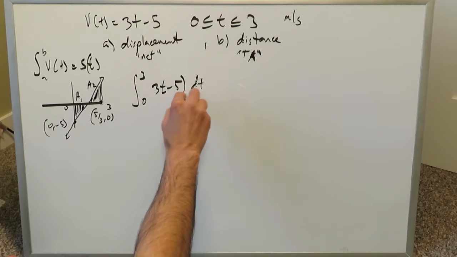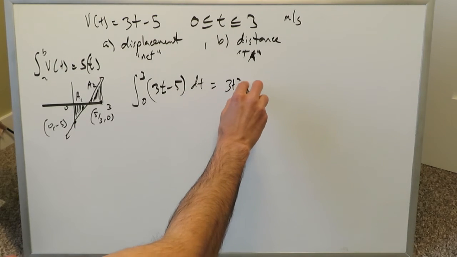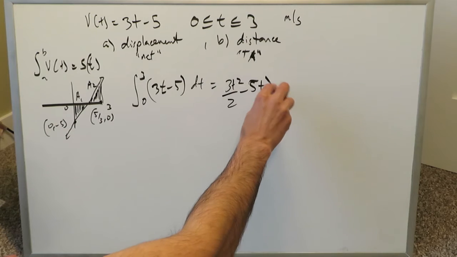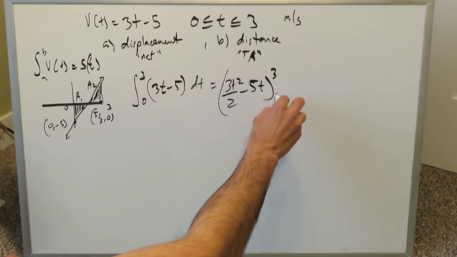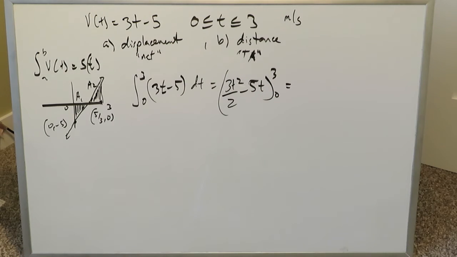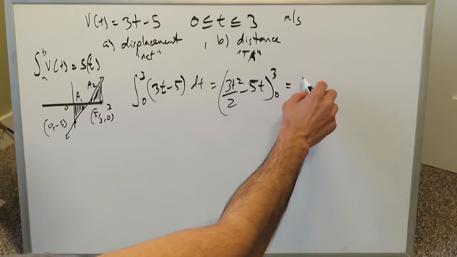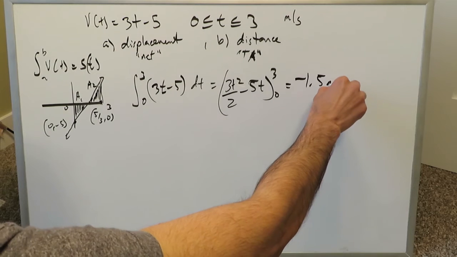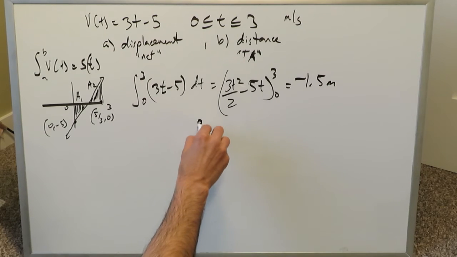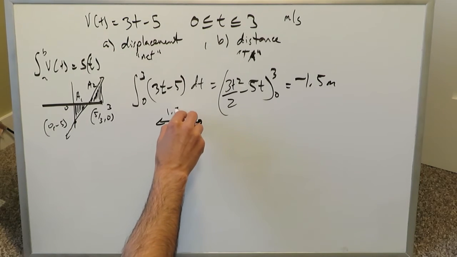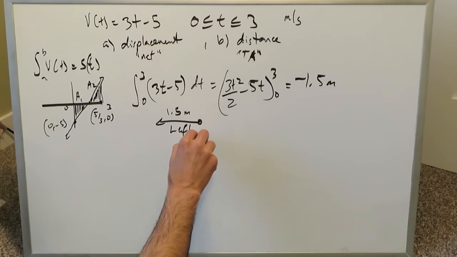With regards to dt, you integrate this to get 3t squared over 2 minus 5t, and this is all basic polynomial integration. You calculate this with your calculator, and you get an answer of minus 1.5 meters. But what does this mean?